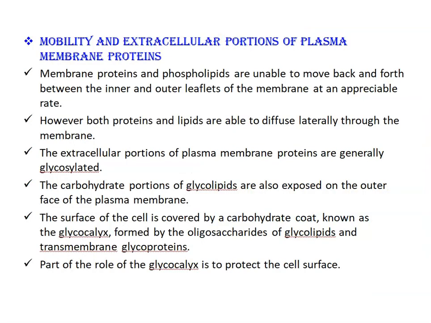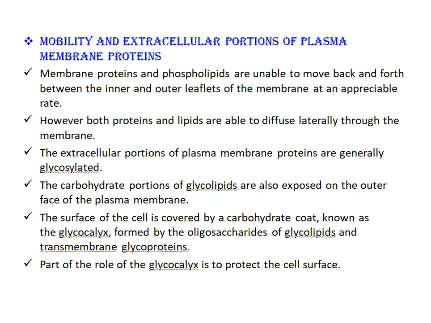Now, I will tell you a little about mobility and the extracellular portion of plasma membrane proteins. Membrane proteins and phospholipids are unable to move back and forth between the inner and the outer leaflet of the membrane at an appreciable rate. However, because they are inserted into a fluid lipid bilayer, both proteins and lipids are able to diffuse laterally through the membrane.